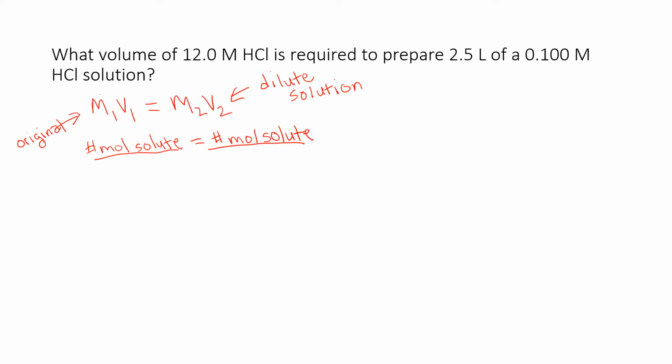Okay, so we're looking for V1. So we'll divide both sides of the equation by M1. And so what that will give us is V1 equals M2 V2 divided by M1.